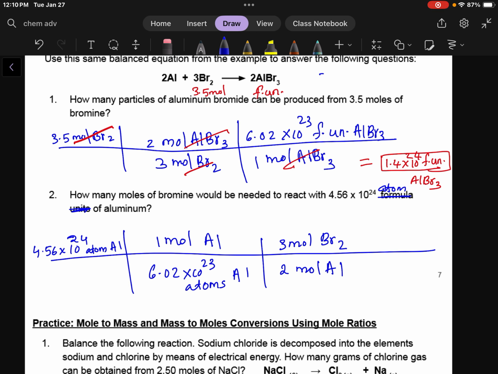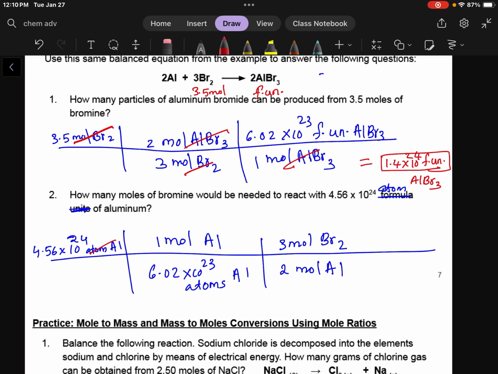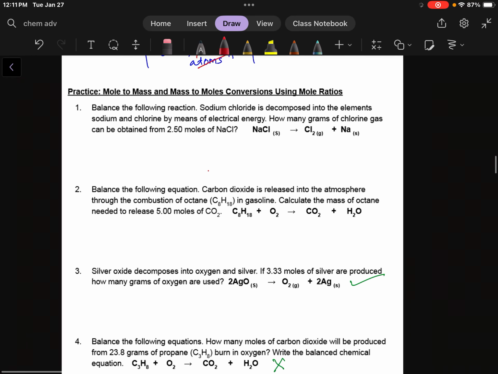So you can cross this out, and 24 and 23 you can divide and you will get a 10 there. The calculation will be easy, and your answer is 11.4 moles of bromine.